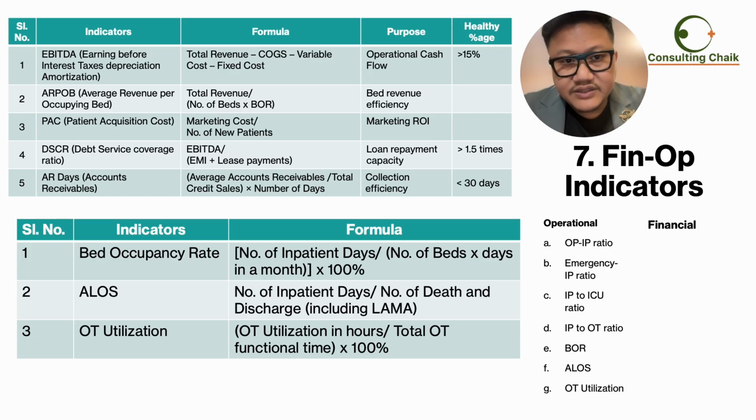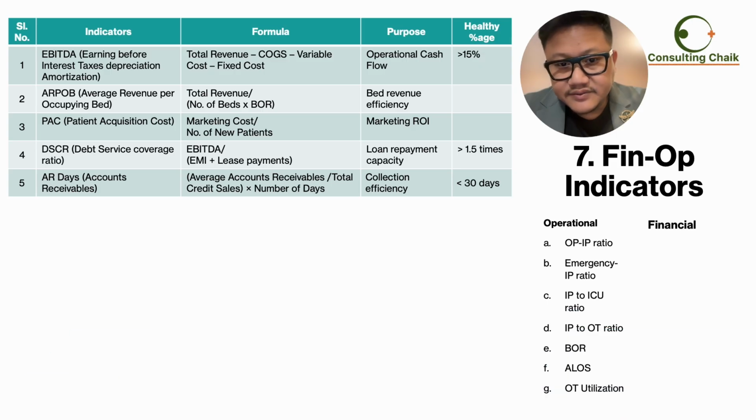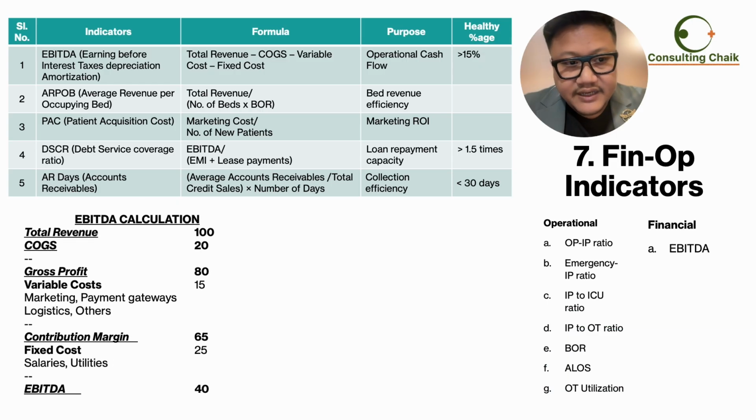Then comes your financial indicators. Number 1 is EBITDA. So how do we arrive at EBITDA? EBITDA calculation starts with total revenue. Say for example you have 100 rupees as total revenue. You have to subtract the COGS, that is cost of goods sold. Say for example it is 20.